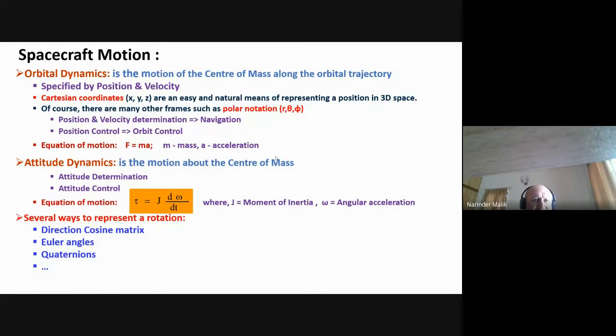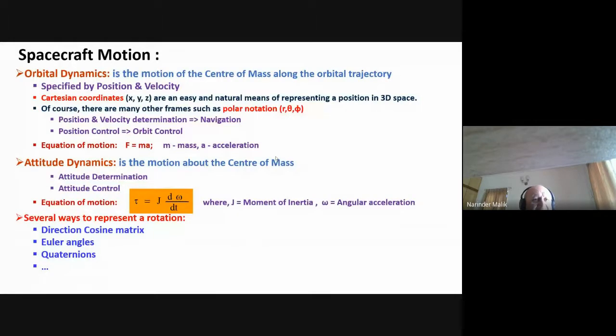Most popular coordinate system is XYZ, and alternately you can also express the same information in polar notation, that is radial vector, azimuth angle, and the elevation angle. Position and velocity determination is called navigation, and position control in the orbit relates to orbital control. The basic equation of motion we have studied is force is equal to mass into acceleration.